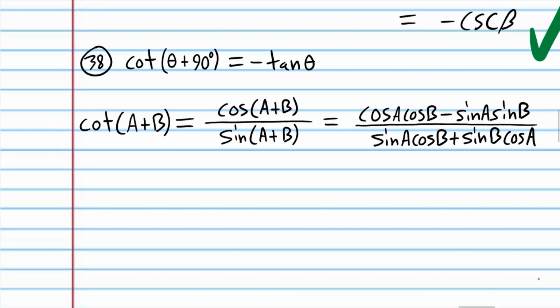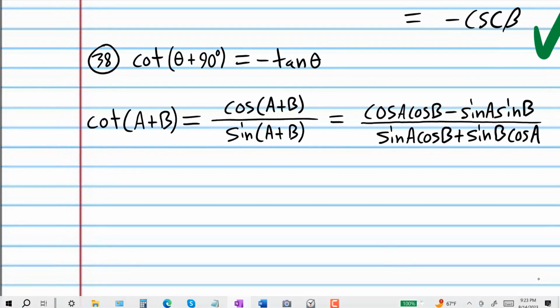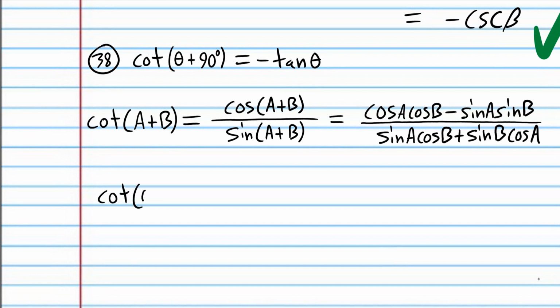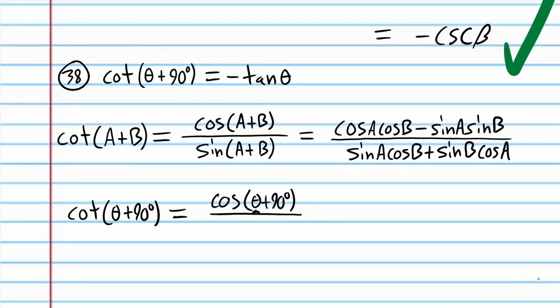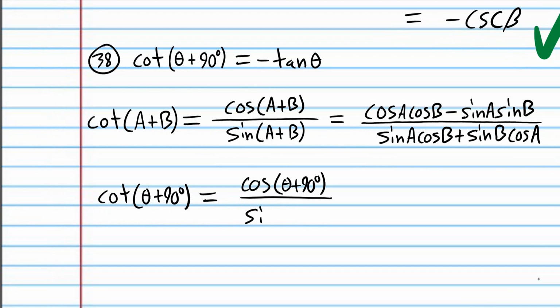Okay, we're back. So we're trying to find cotangent of theta plus 90 degrees, which is cosine of theta plus 90 degrees over sine of theta plus 90 degrees.